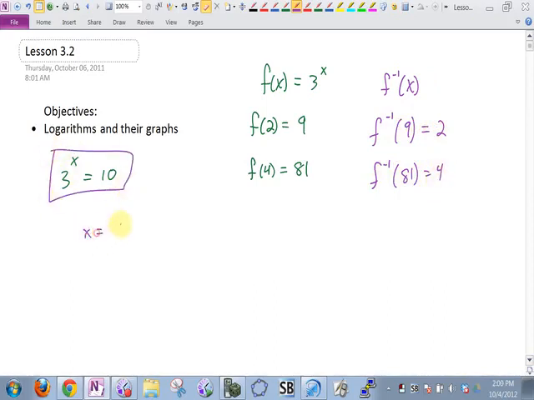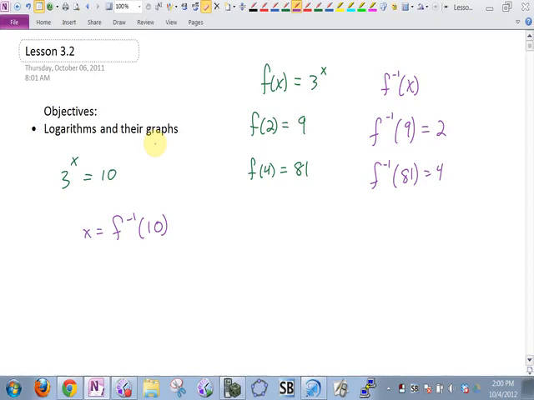Well, isn't x going to be f inverse of 10? Because doesn't this function take the powers as inputs and then output the exponent of 3 that made that happen? So if it takes 10 as an input, it'll give me the exponent of 3 that makes 10.